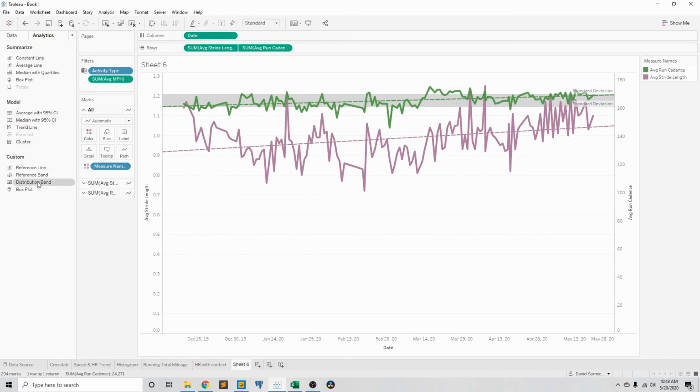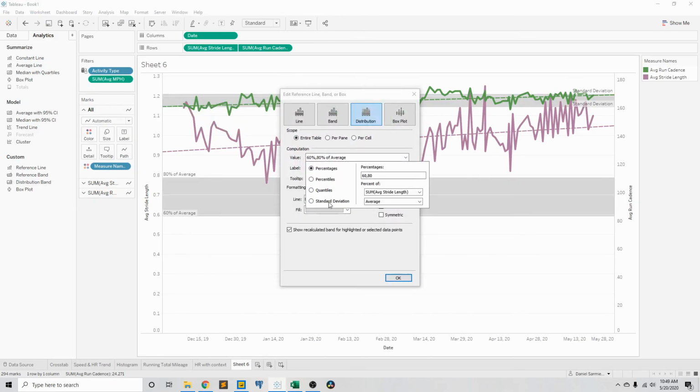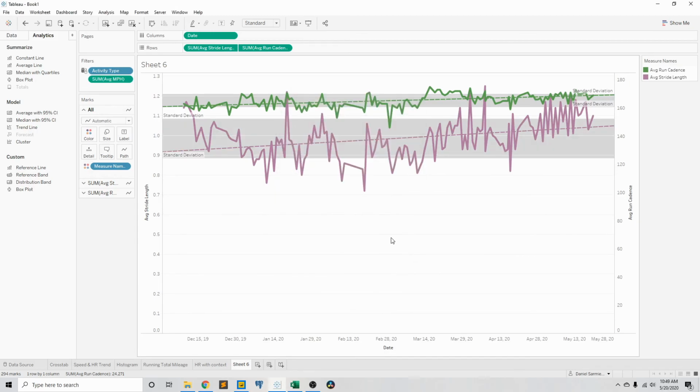And if I use the distribution band for my stride length, then I see a much bigger change over this time period. So this is going to be stride and cadence.